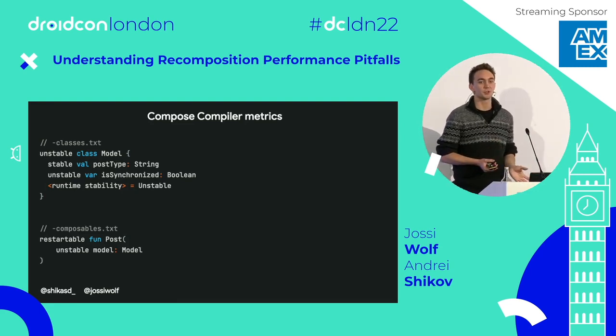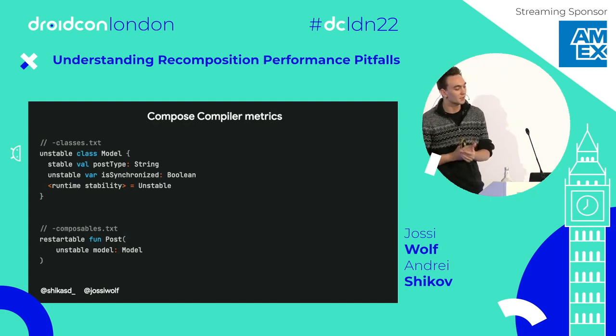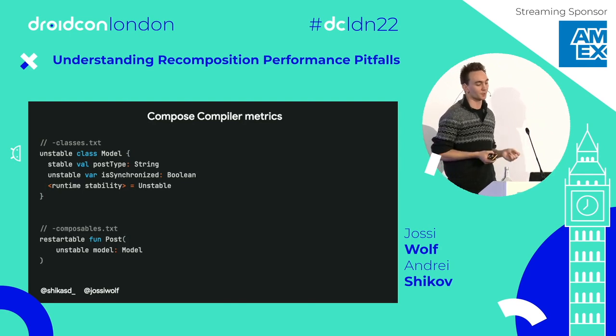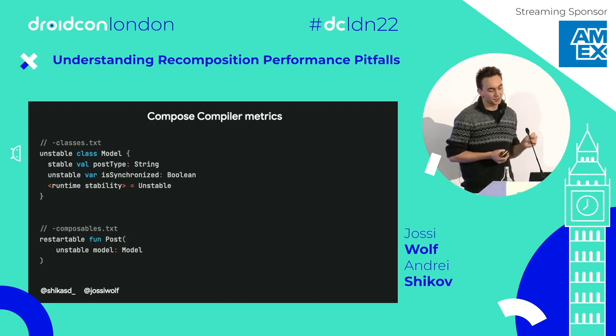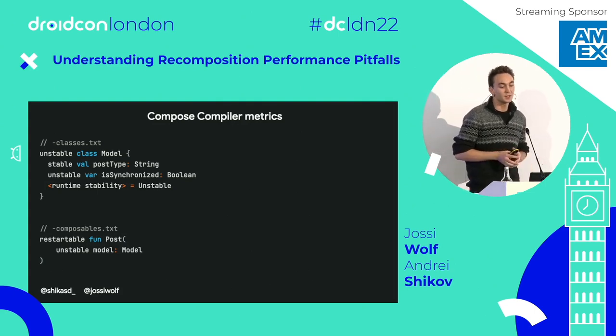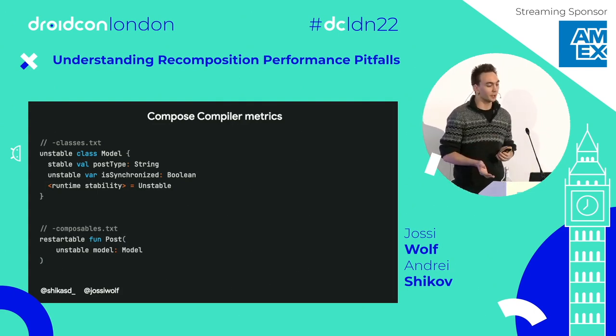You have to enable those in your Gradle build configuration. It will generate a couple of files, among them classes.txt and composables.txt. In classes.txt, you'll find a list of all of the classes of the module that the Compose compiler runs on and what stability Compose has inferred.